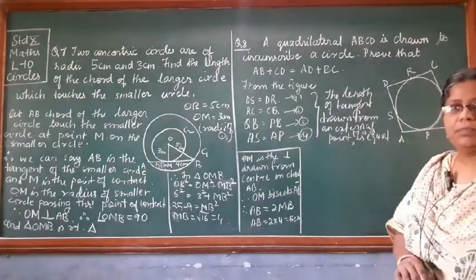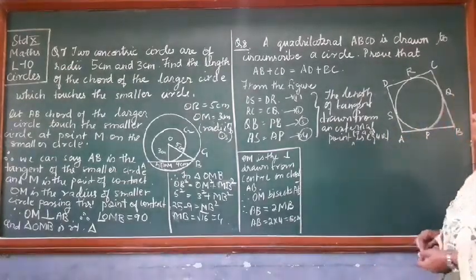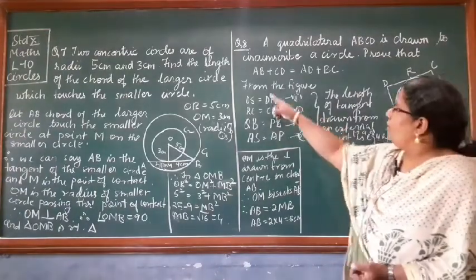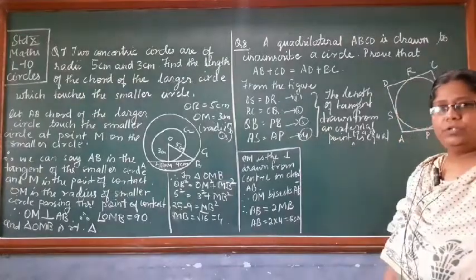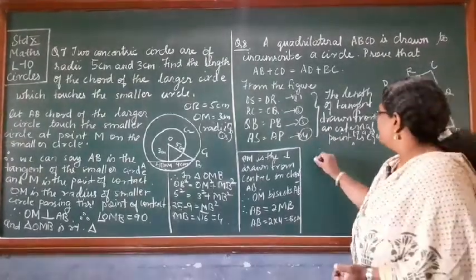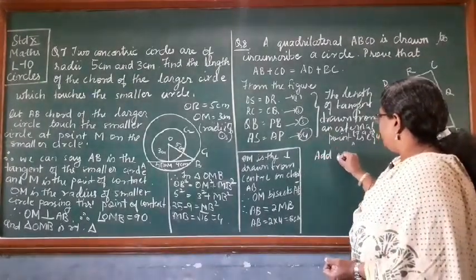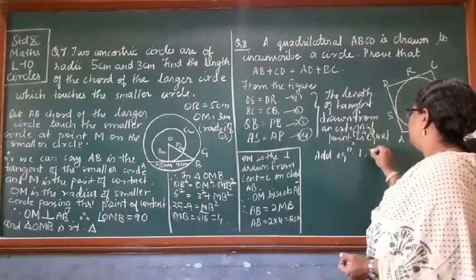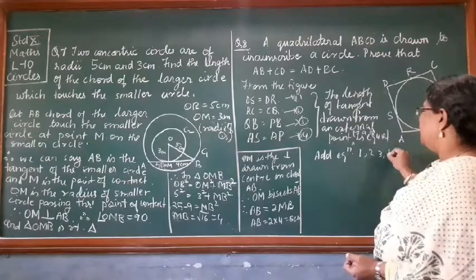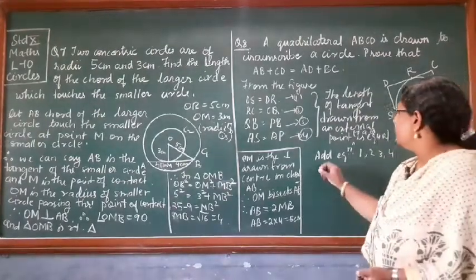This is the reason. Okay, when you add all this 1, 2, 3 and 4, add equation 1, 2, 3 and 4. So what do we get?